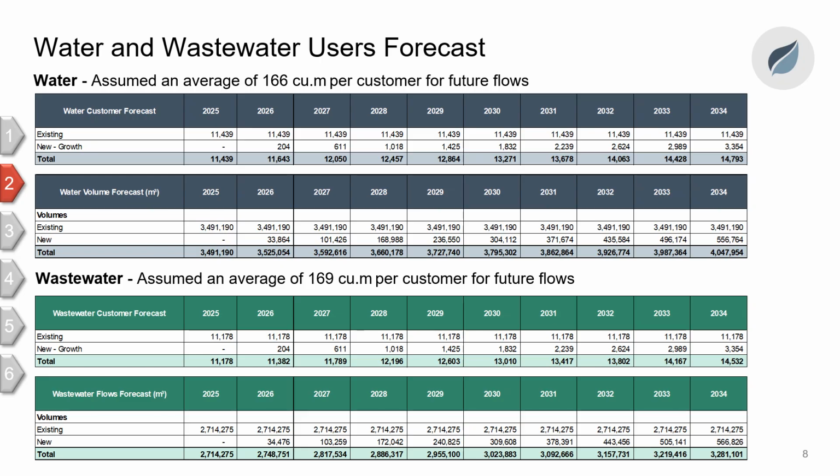For the wastewater system, we're looking at going from 11,178 customers up to about 14,532 customers by the end. And that correlates to 2.7 million cubic meters of volume in 2025, increasing to about 3.3 million cubic meters in volume by the end of the forecast period.